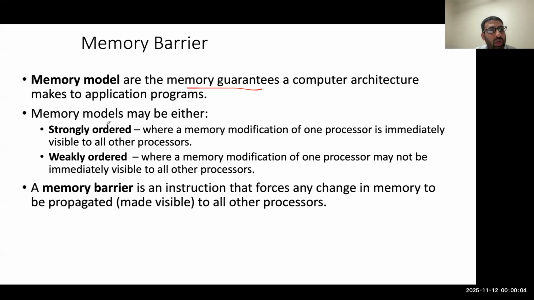So one memory model is known as strongly ordered, where any modification in the shared memory location by one of the processors becomes immediately visible to all other processors, right? So for example, let's say you have two cores, right? And the threads running on the two cores are sharing a variable, let's say variable x, right?